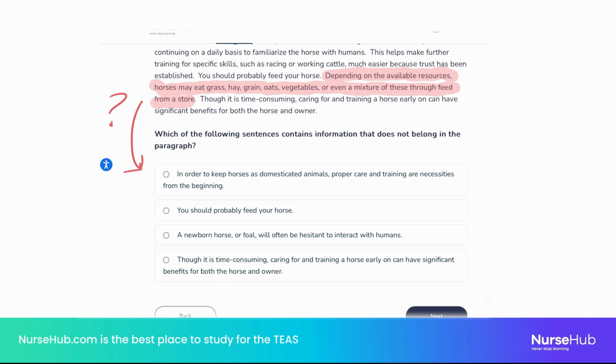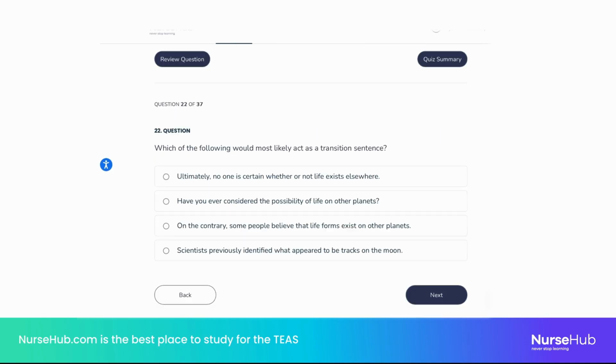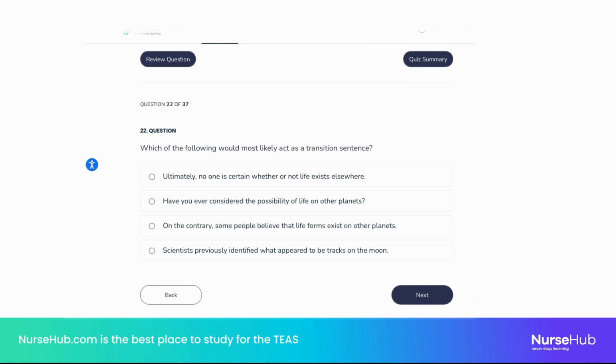It's missing. We only have, you should probably feed your horse, which is the other one we were questioning, which means that is the correct answer. So sometimes not all of the sentences will be in there on your exam day. So that is our next question done and dusted. We're going to keep on moving on.